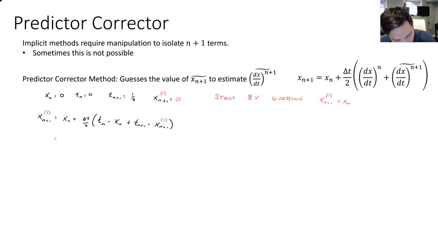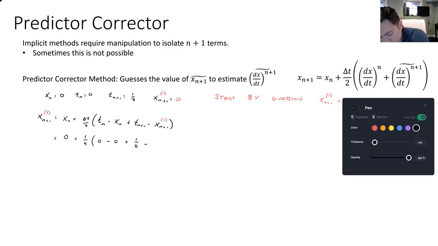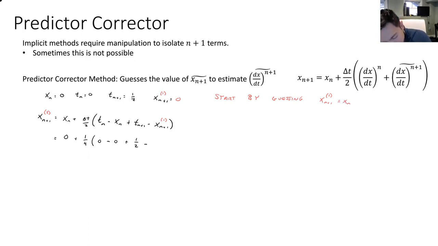Well, let's see how this does. Plugging in, our x of n value is 0. In fact, let's do this in black because some of these things won't change. So our x of n value is 0, our delta t by 2 value is 1/4, our tn is 0, our xn is 0, our tn plus 1 is 1/2. Now the only thing that might be changing as we take more iterations is the x of n plus 1 term, and we're going to set that initial value to be 0.